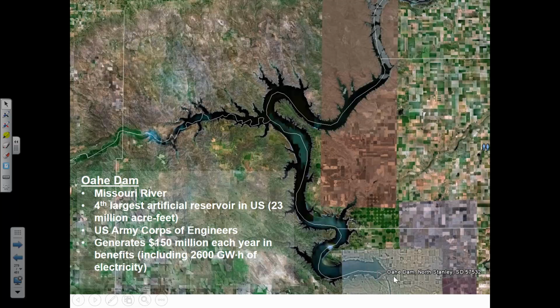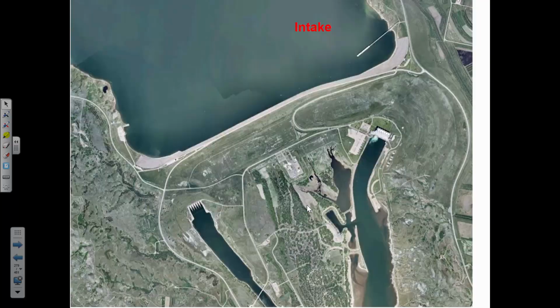You know, people go fishing and tourism, that sort of thing. So overall, $150 million a year in benefits this dam and reservoir are able to generate. So let's zoom in. You can see here are some agricultural areas, and another advantage of a reservoir is that it provides for more regularity in irrigation.